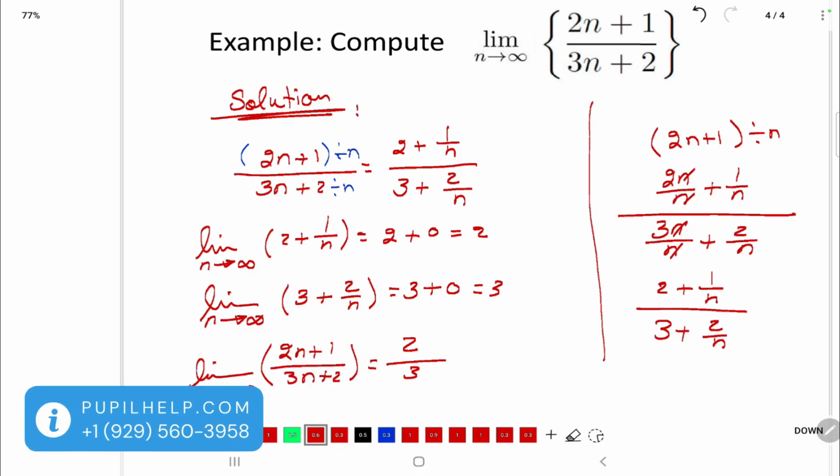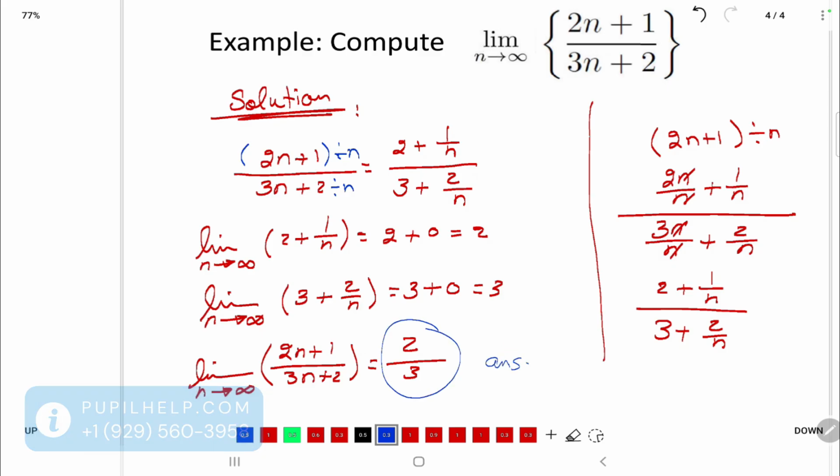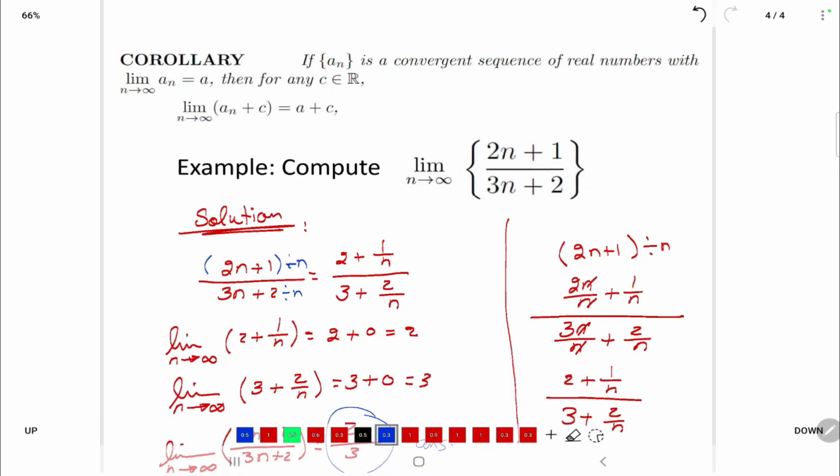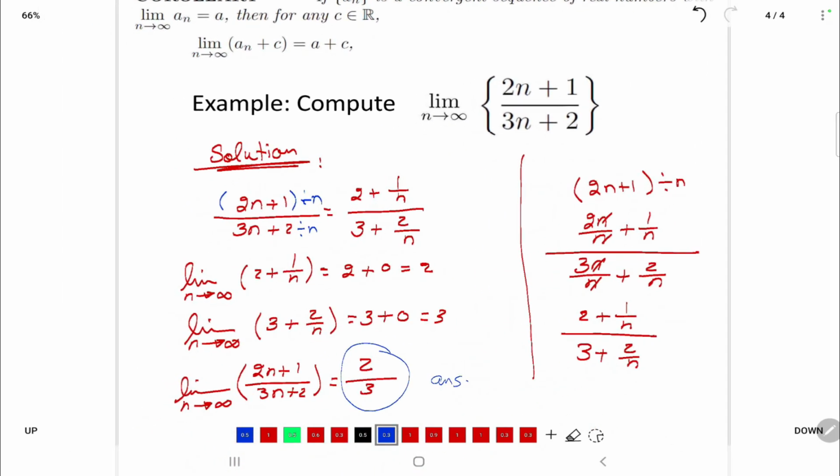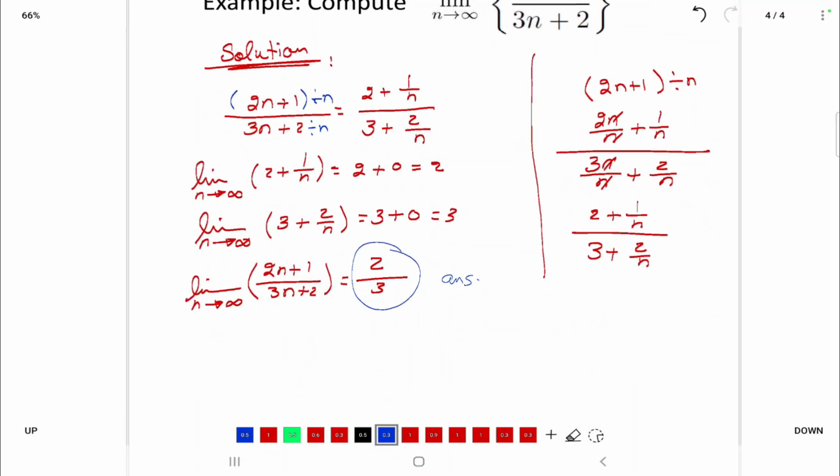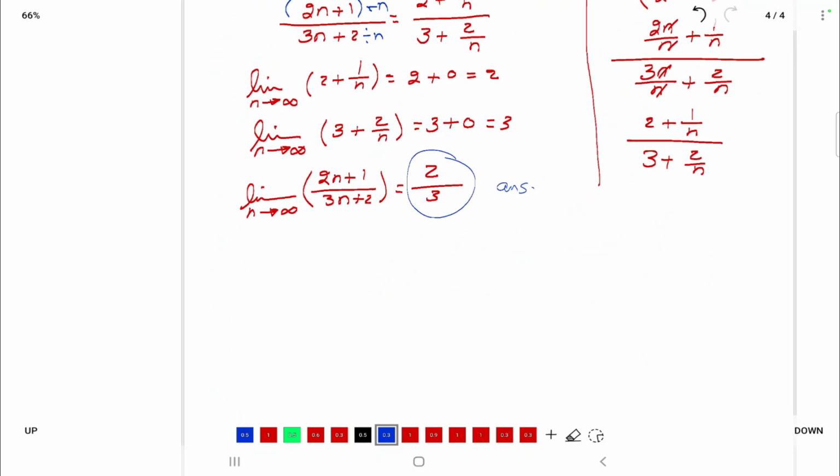And this would be the answer for this question, or for this example. Okay? Now, another example. I'll take example 2.